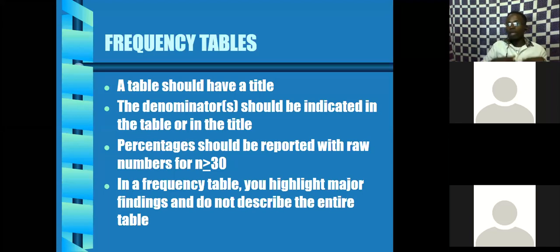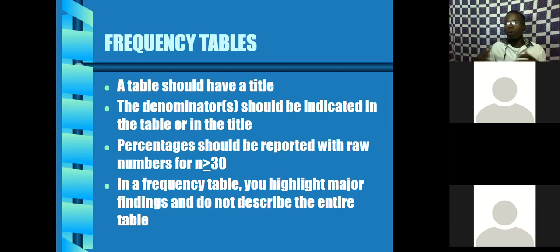Okay. So if it's some data that you can just describe, then it is called qualitative. But if it is in form of numbers, in form of quantities, then it is called quantitative. So data can either be qualitative or quantitative.